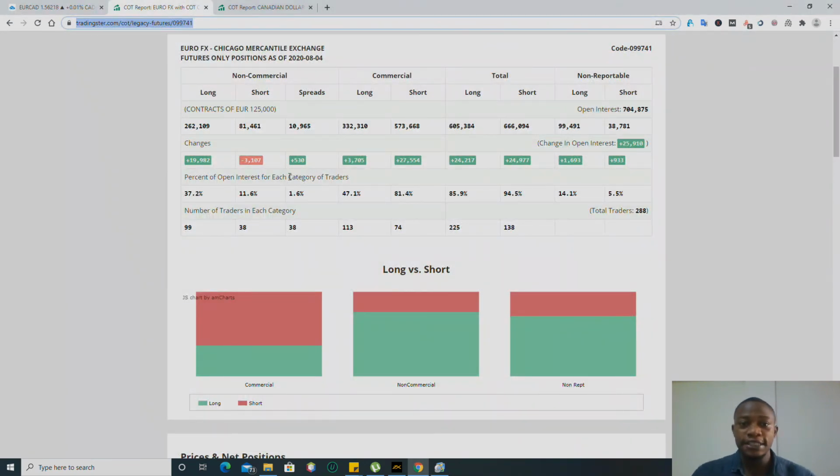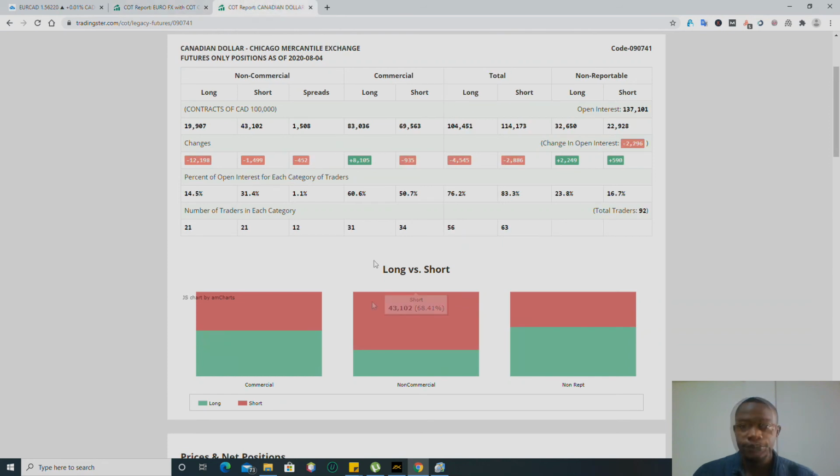So right here on the report for the euro, we can clearly see that the euro is gaining long positions, with 90,982 plus positions on the long, and we have 99 traders currently long on this currency. This gives us a percentage of 62.29% in the long direction, which means the euro is gaining strength in the market. So we want to see the euro pairs going upward.